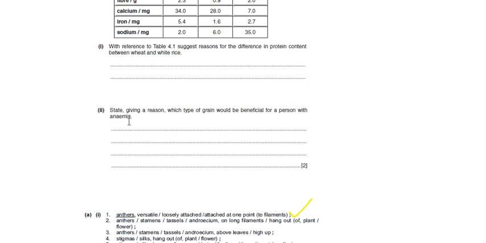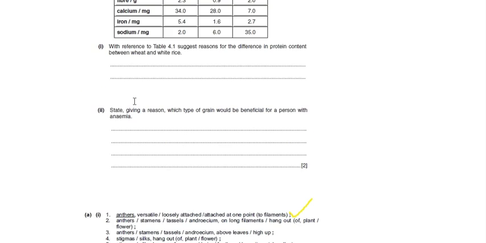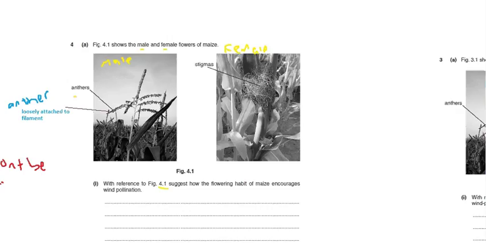And then the next point says anther on long filaments hangs out of plant. So we can also see that this is the first point about anther. You can see it is loosely attached.